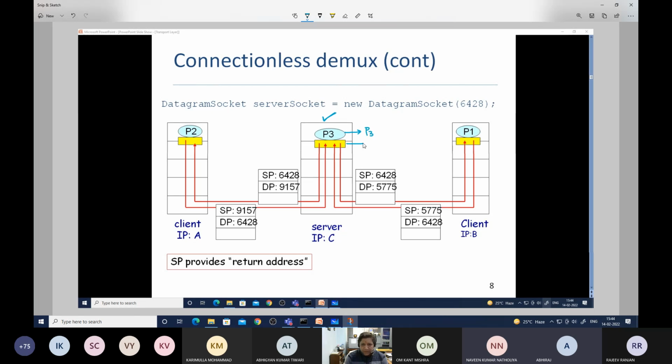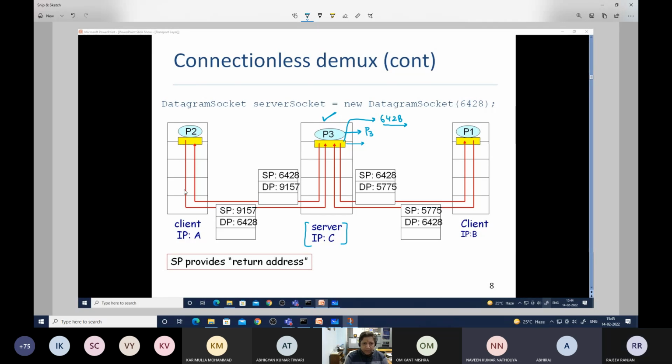The server application has opened a socket, this yellow color thing, and the server IP address is C. Once you create the socket, you give the port number 6428. So a socket will be identified by the IP address and its port number. 6428 is the socket number where this P3 server is running.